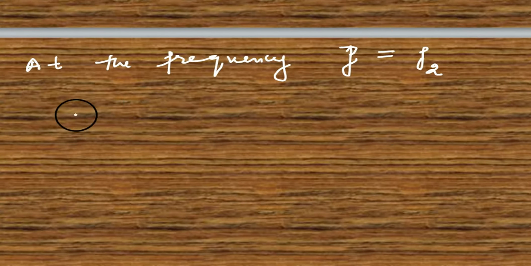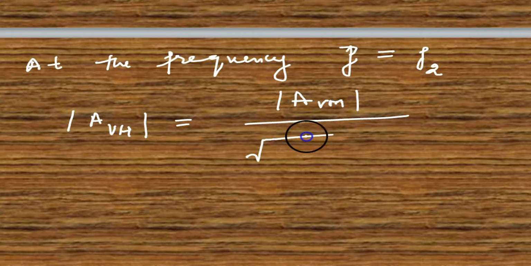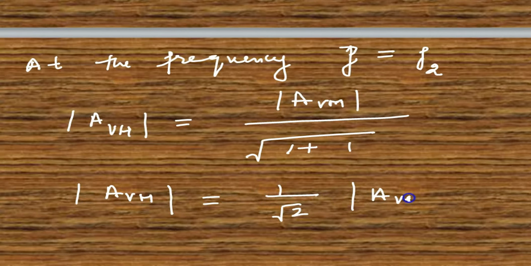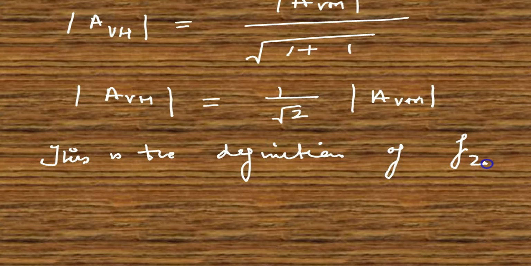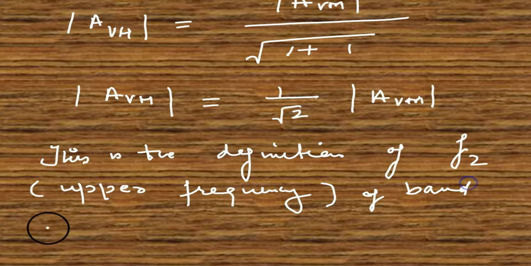Now if we set f equals f2, what happens? The voltage gain becomes 1 over root 2 of the voltage gain at mid frequency. That is the definition of f2. The upper frequency is that frequency where the voltage gain becomes 1 over root 2, or 0.707 times the gain at the mid frequency.